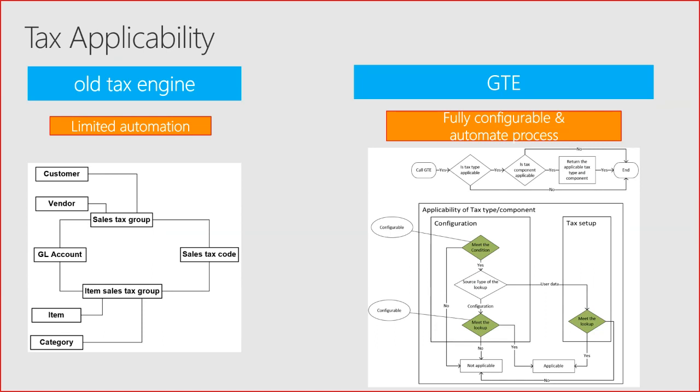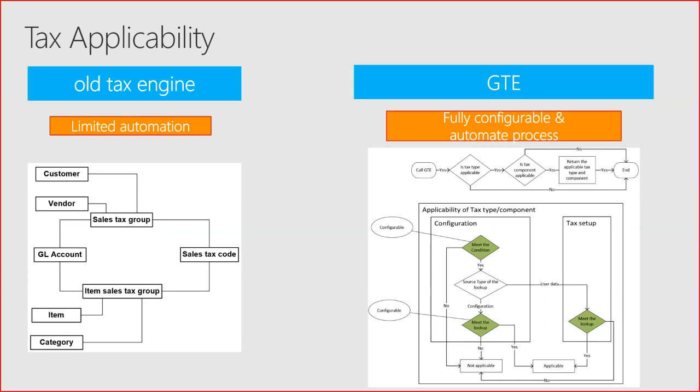On the top, it is a high-level flowchart for GTE to determine what is the applicable tax type and tax component. So when you call GTE to calculate the tax, we have a concept called tax type. The system will check whether the tax type is applicable for this certain transaction.